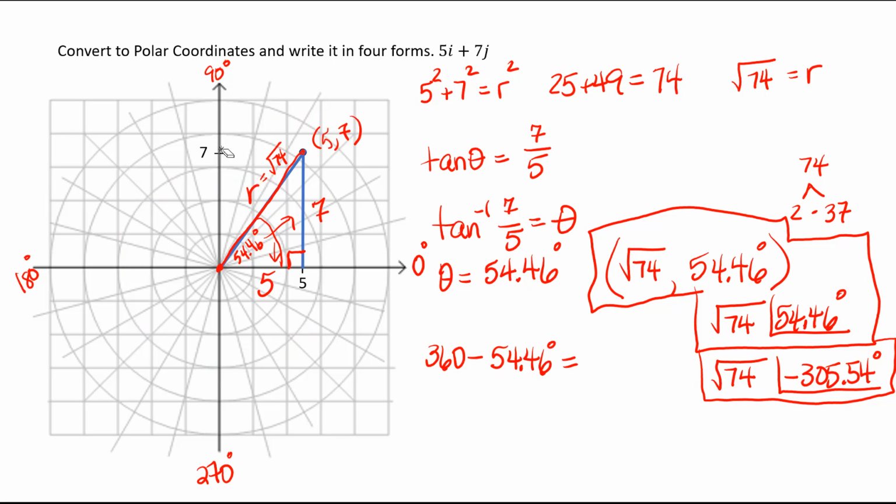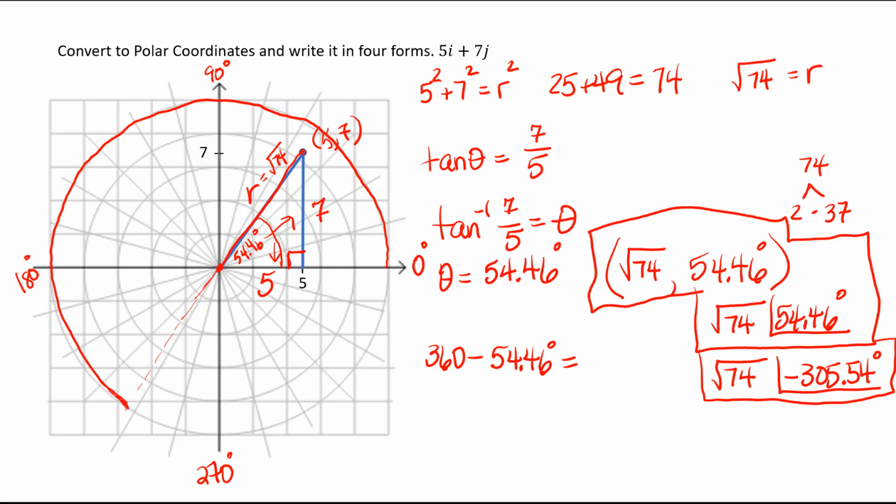Another way we could get to where we're going would be to start at 0 and go counterclockwise all the way around into the third quadrant, on the opposite side of this point.